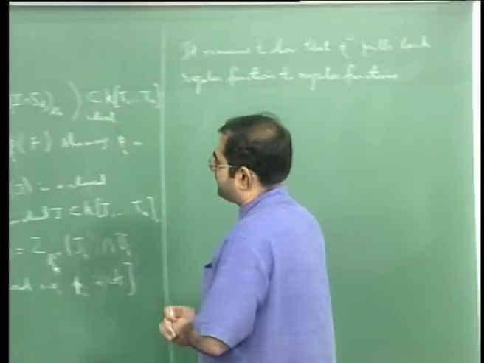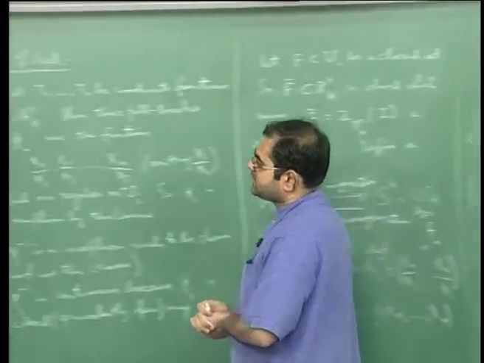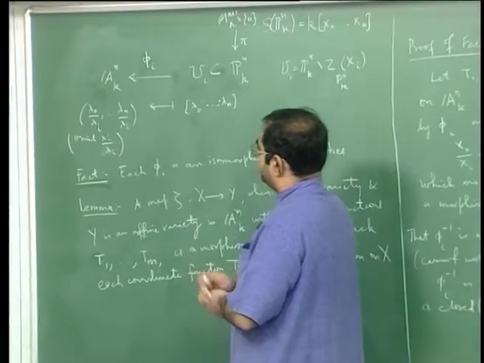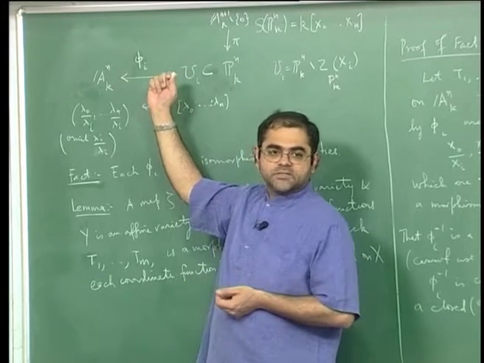So what should I do? I have to show that this map pulls back regular functions to regular functions.